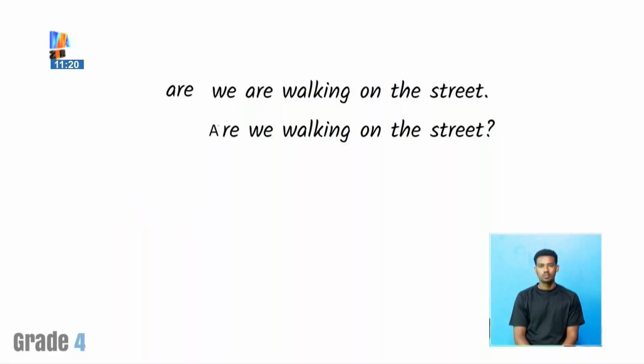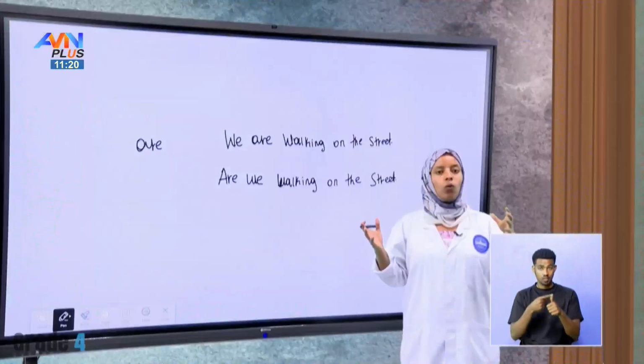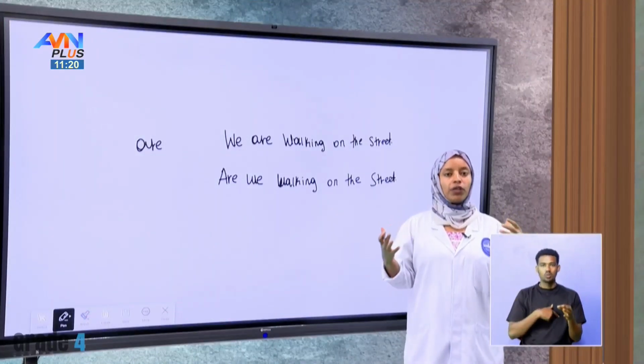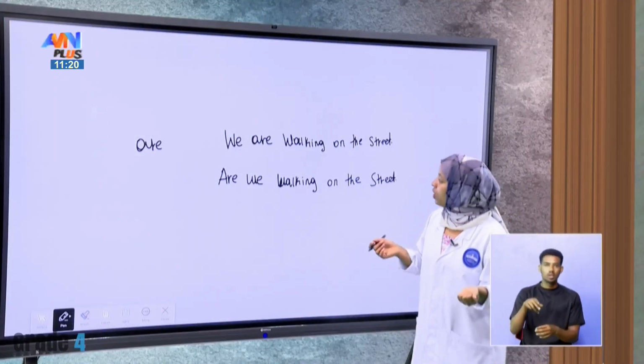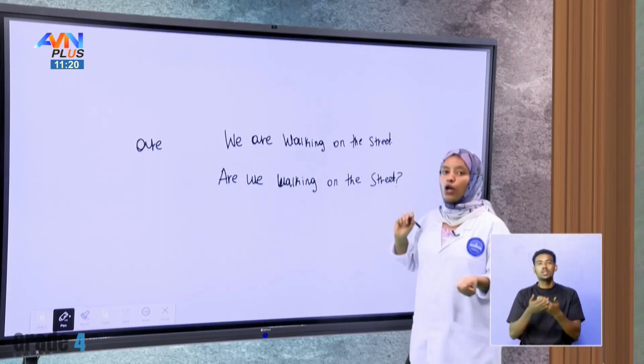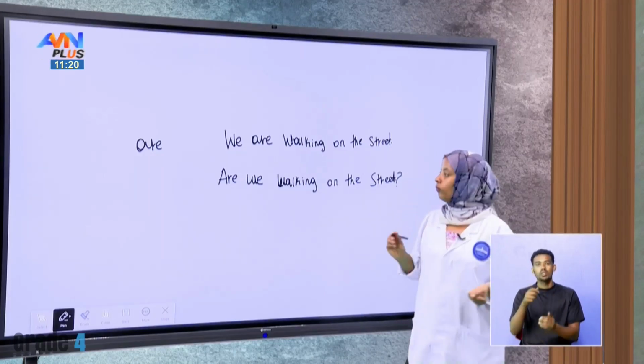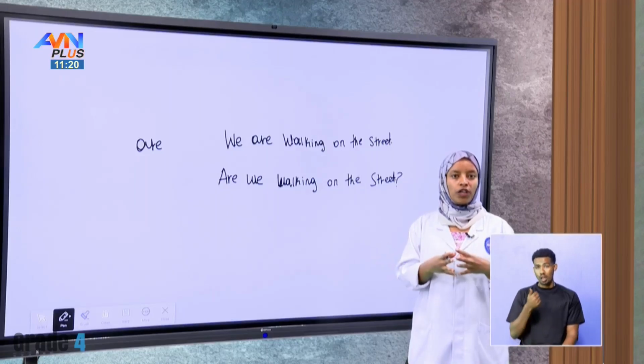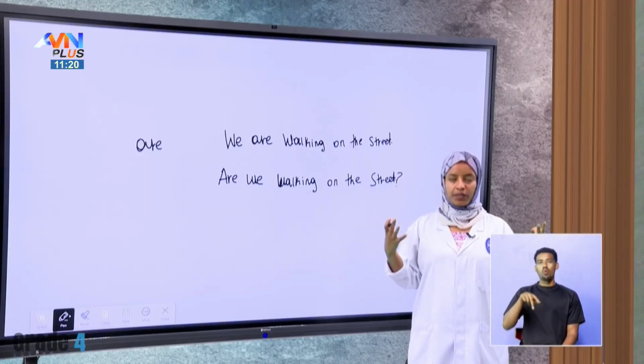So look at this example, students. The first one was positive or affirmative. We are walking on the street. And the next one is when we make it a question, easily by using a question mark. Are we walking on the street?